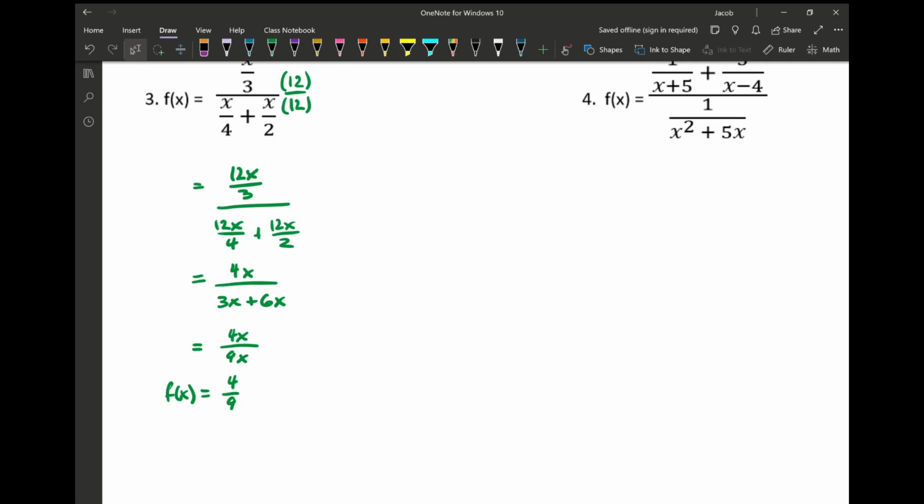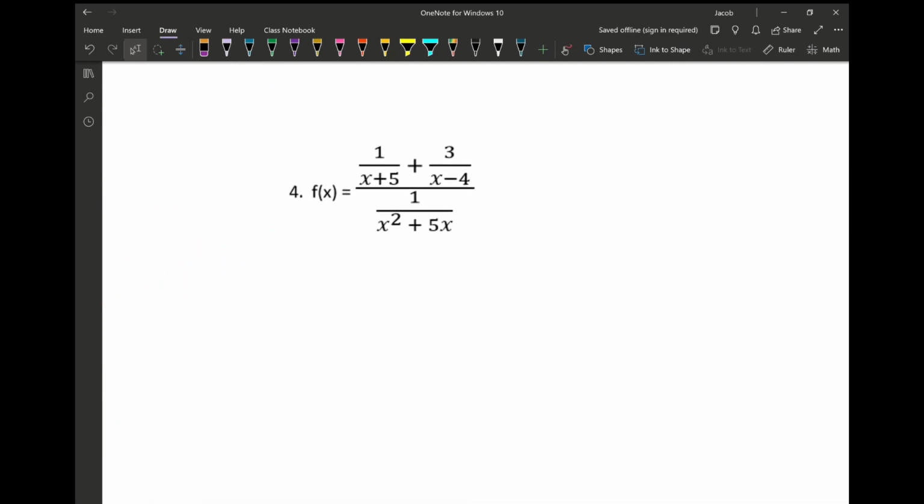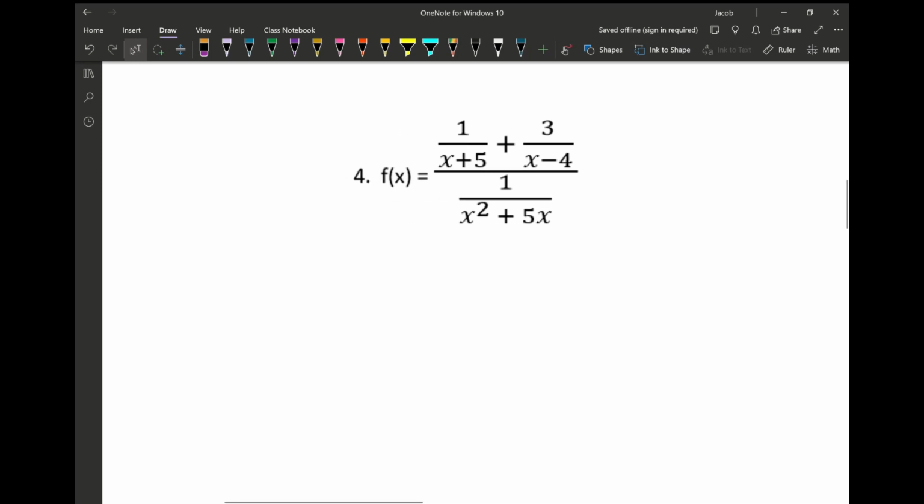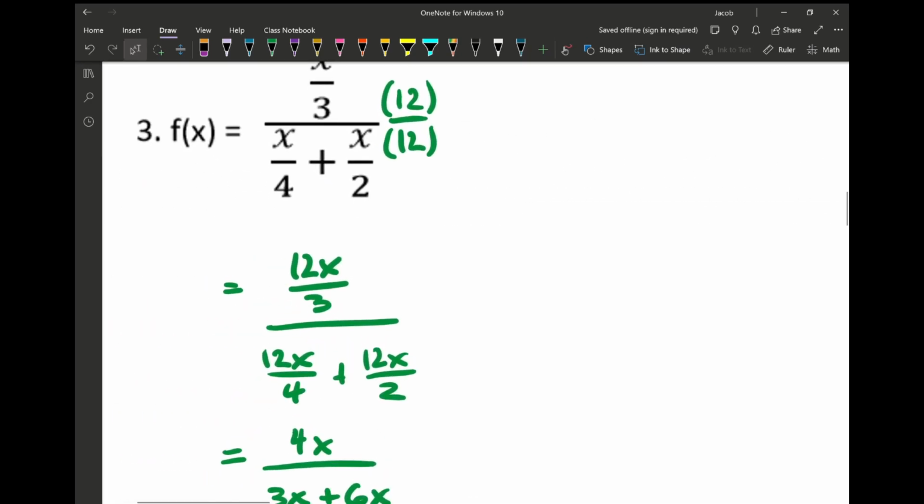Alright, last example here, and then I'm going to set you guys off. So number 4 has binomials in it, and it's going to work similarly to how we noticed before. 4 is 2 times 2, right?